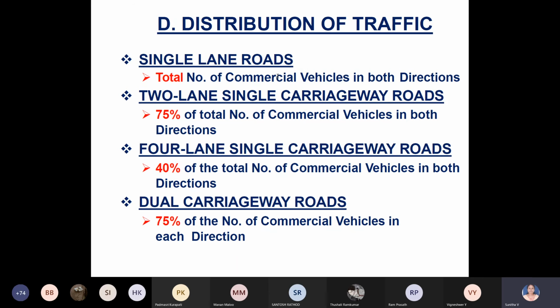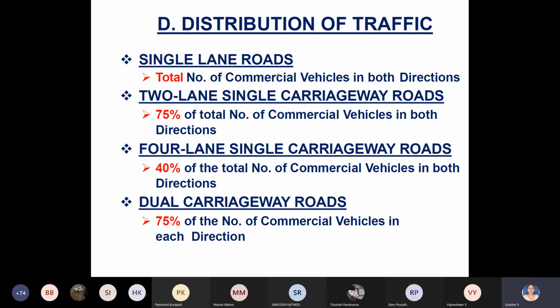Dual carriageway means, as you have seen, you'll have two lanes on one side and two lanes on the other side, but in between you will have a median, some separation. That's called dual carriageway, when you have separation, four lanes with two lanes segregated by a median in between.